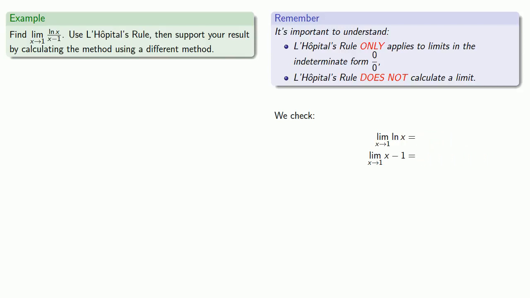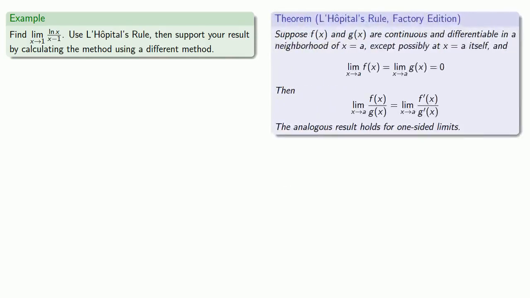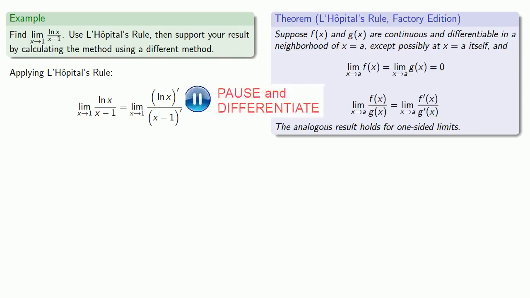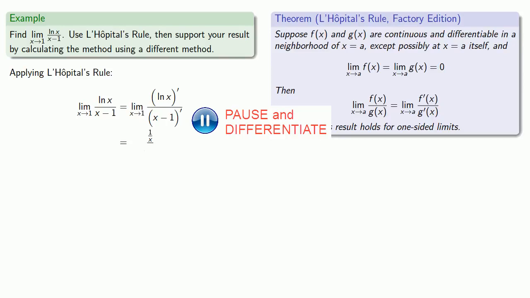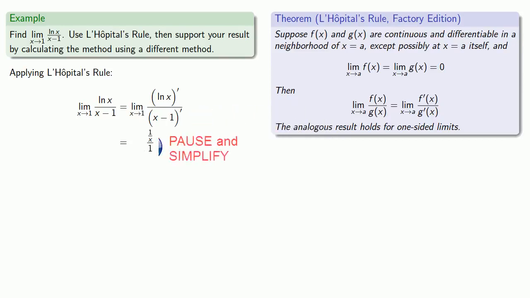And we see that as x goes to 1, log x goes to 0, and x minus 1 also goes to 0, so this is something we can use L'Hopital's rule on. So we'll apply L'Hopital's rule, that's the derivative of log over the derivative of x minus 1. So we'll take the derivative of log, the derivative of x minus 1, which simplifies.